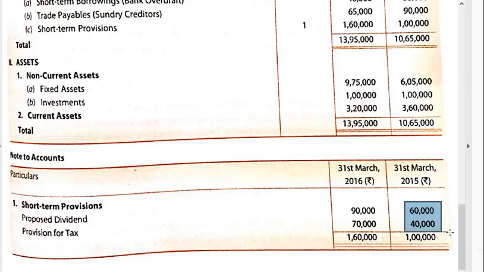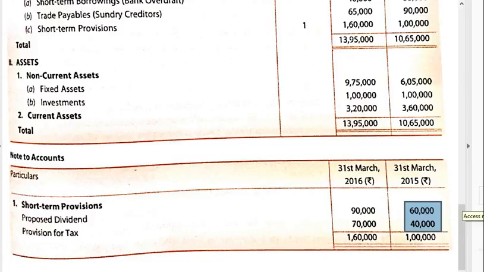If you find out that you have profits at the beginning of the year, then you will pay this dividend of 60,000 this year, right? Similarly, you have created a provision of taxation for 40,000 on 31st of March 2015. After that, we finalize the accounts and you find out that you have to pay a tax of 40,000. So you will use this provision, this 40,000, this is the actual cash outflow in the current year, right?